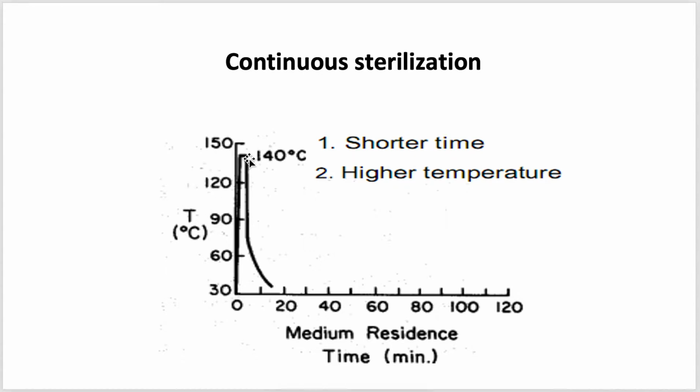Say you will use 140 degrees Celsius for your sterilization. From the graph you can see that you only have to keep the temperature for a very short time, so the holding time will be very short. As the media will be exposed to this high temperature for a very short time, less amount of nutrients will get degraded.